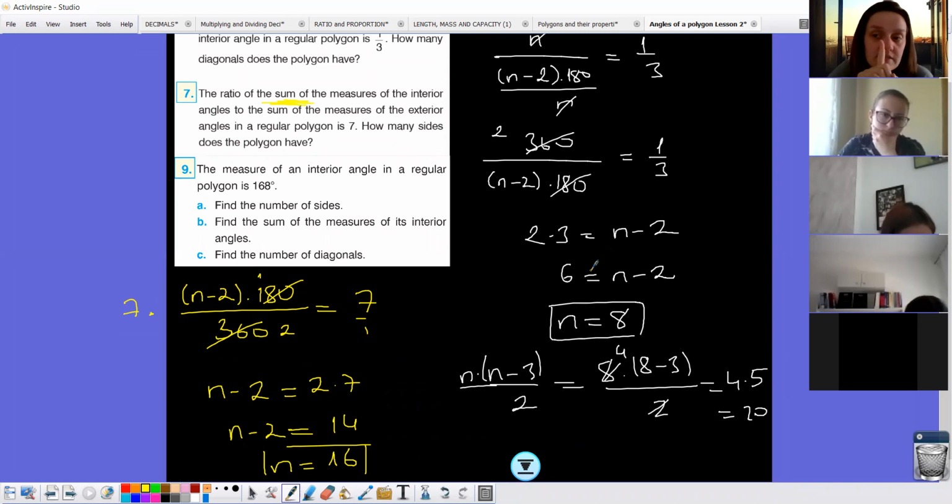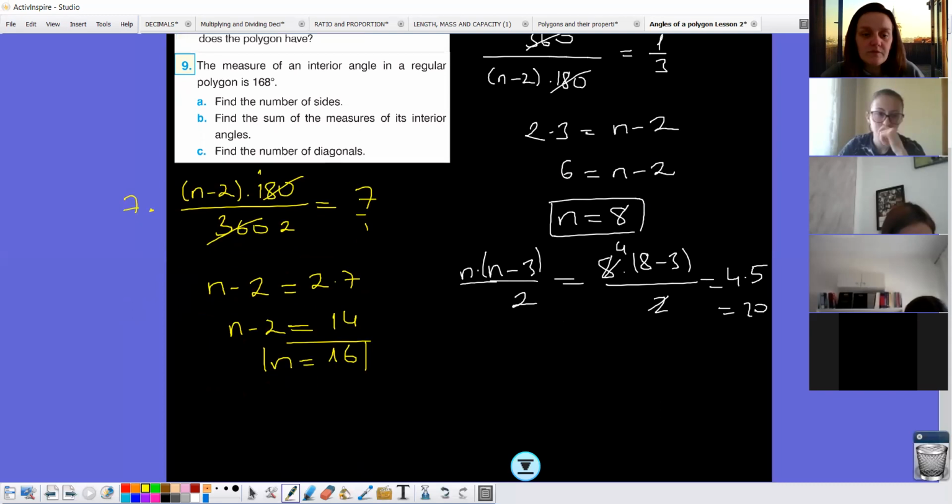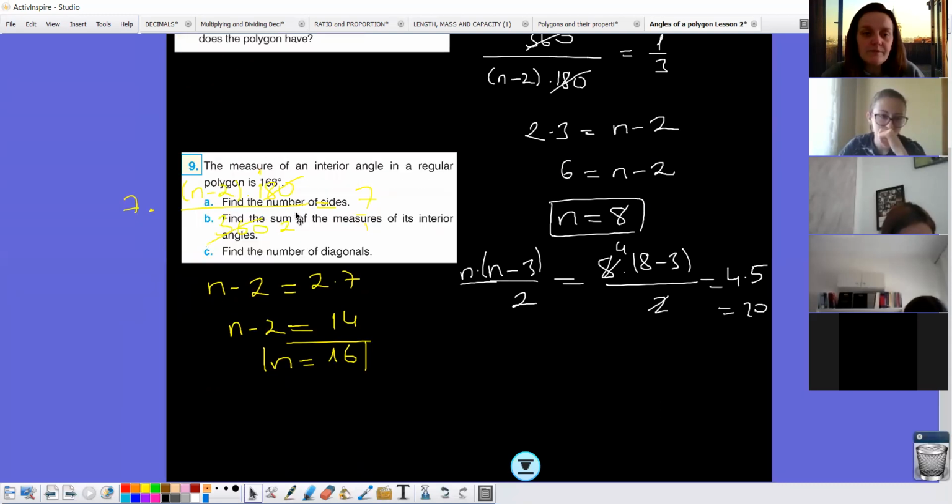Only one angle is given. And we need to find the number of sides, which is n. When we find n, it's very easy to find the other things. So let me take this one down here.